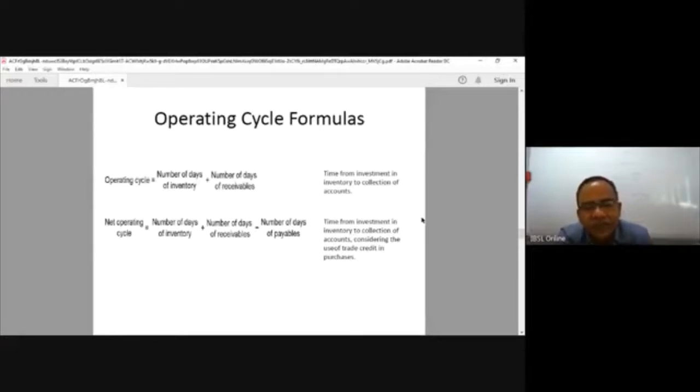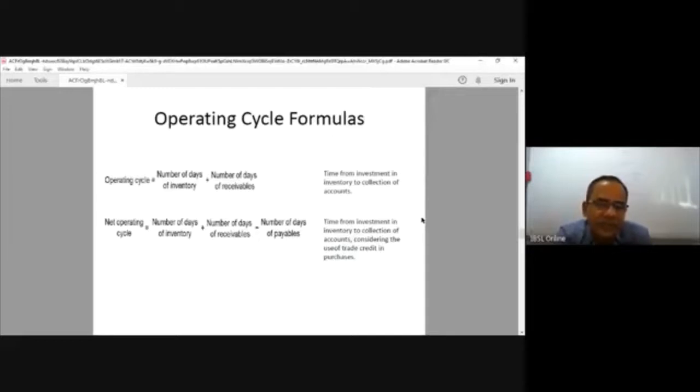You give the customer a credit period, and that total, from the time the inventory came in to the time the payment comes, is the operating cycle. But if you have also enjoyed some credit period from your supplier, you must deduct that to get the net operating cycle. That's the working capital cycle, operating cycle or working capital cycle, right?